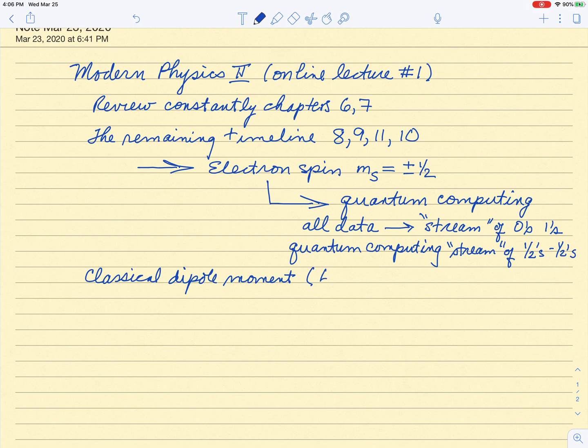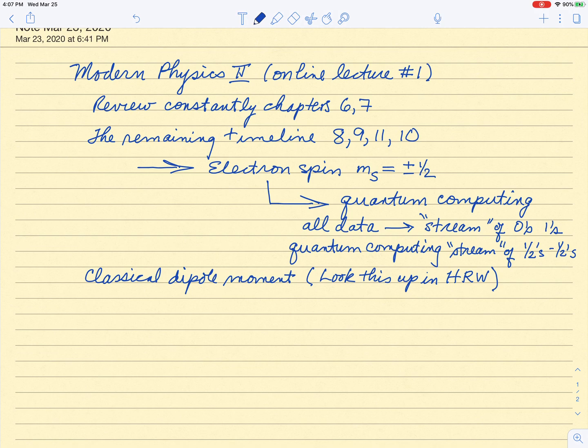So you're gonna look this up in Halliday, Resnick, and Walker, which I'll just abbreviate from here on out as HRW. And do remember that I will be sending you the electronic version of this book, so there's no excuse for you not being able to look up the stuff.